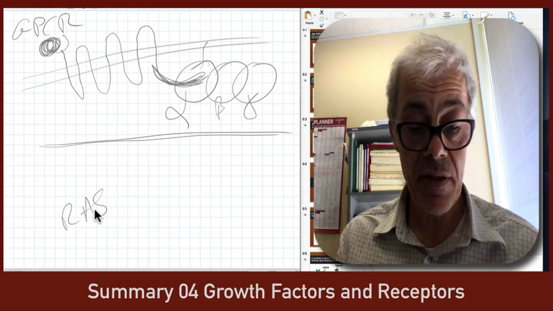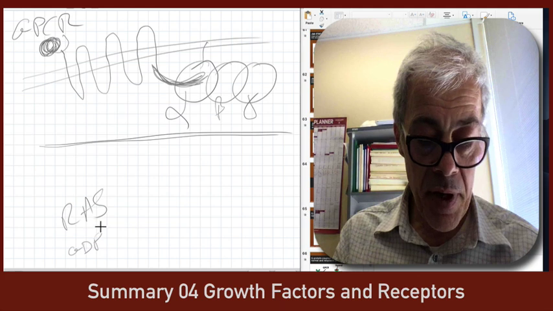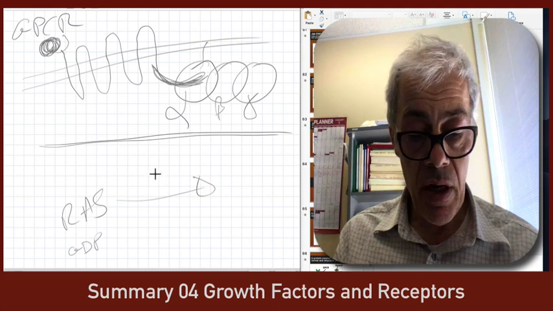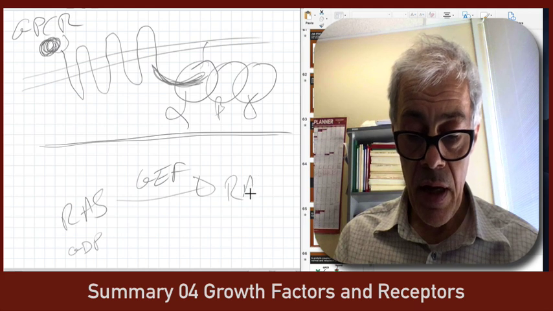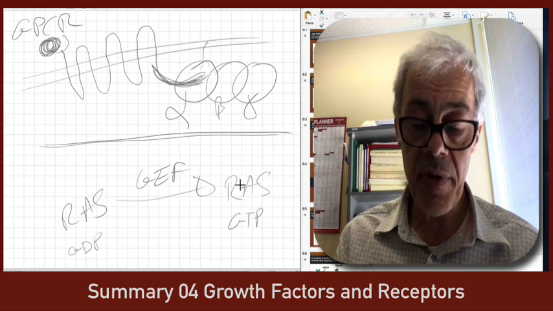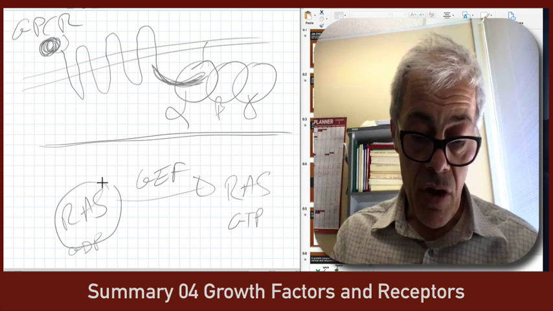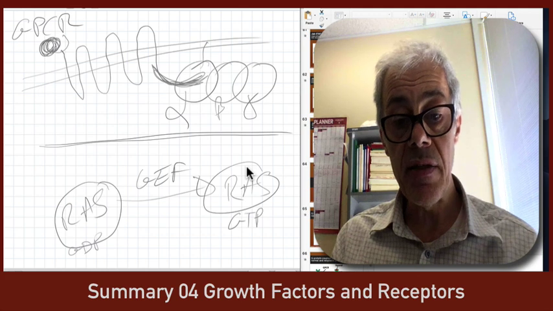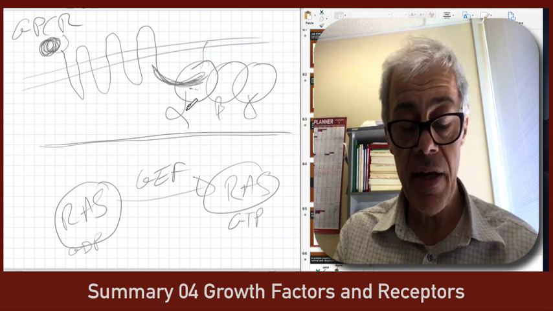It's a GTPase. We know RAS can bind GDP, and through a guanine exchange factor, nucleotide exchange will occur and it will bind to GTP through a process we've talked about. All right. So you're familiar with GTPases. This alpha subunit is a GTPase.